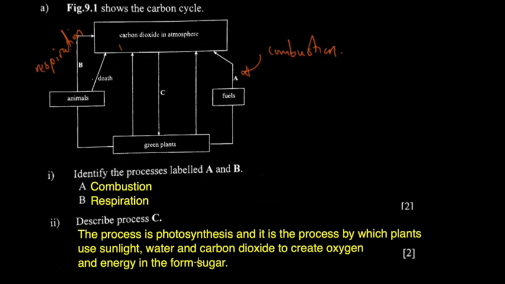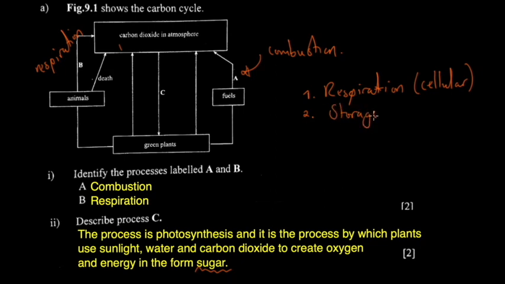Some of the questions you get here: this is produced as sugars or glucose, but what happens afterwards to it? A part of that goes to respiration in the plant, because the plant has to power all the systems it has going on. That's cellular respiration. The second is storage as starch.